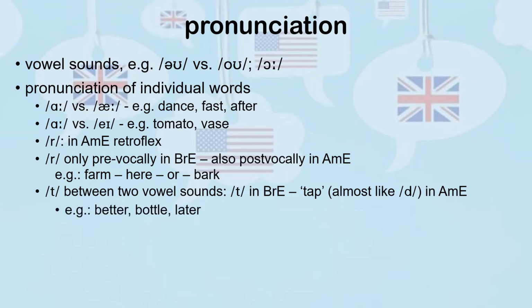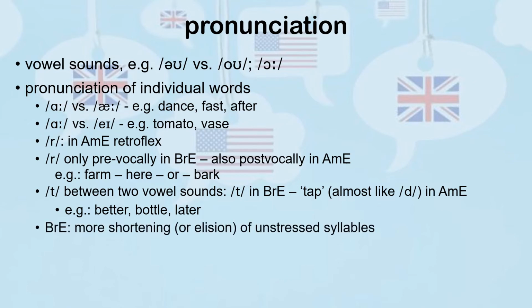For instance, British English better becomes American English better. British English bottle becomes American English bottle. British English later becomes American English later. So you almost have a D in American English.